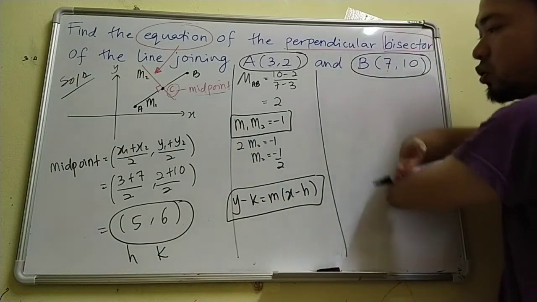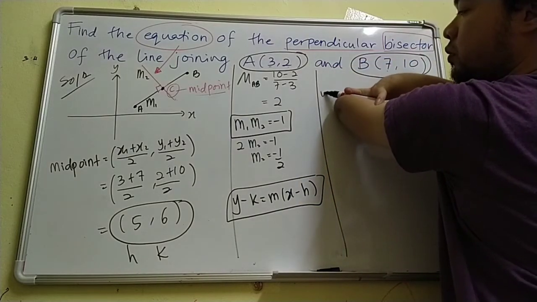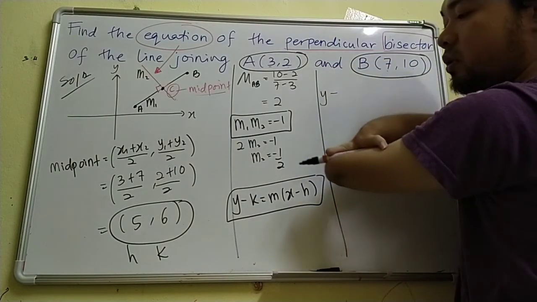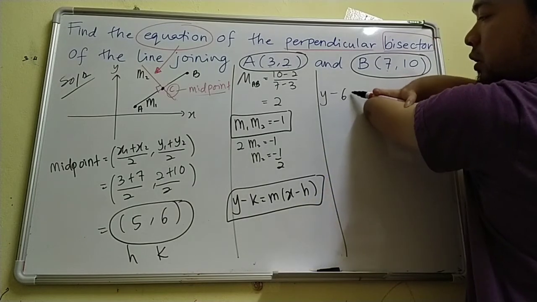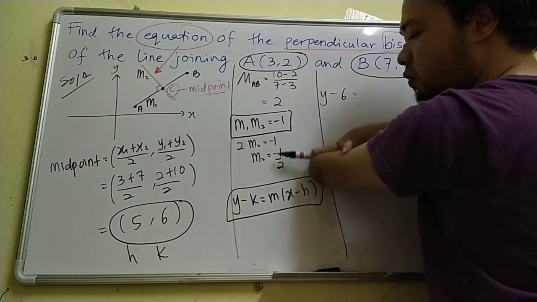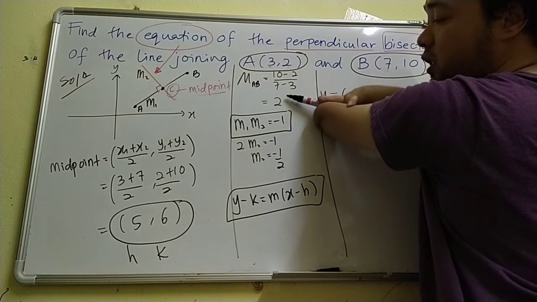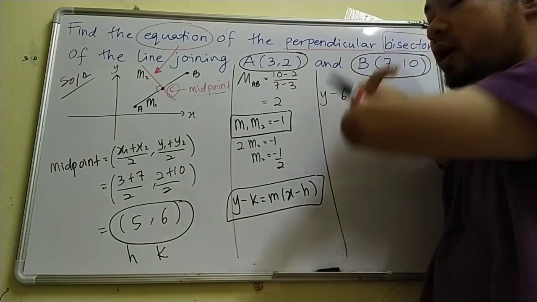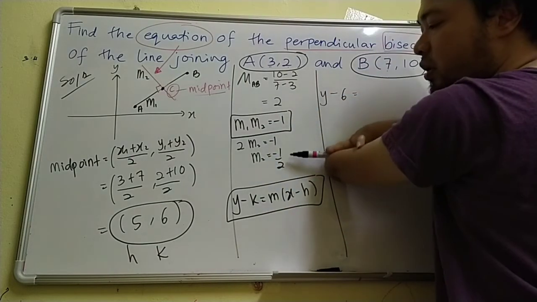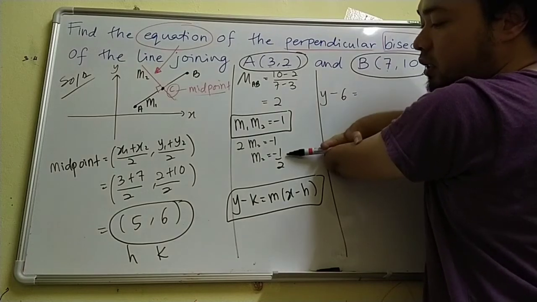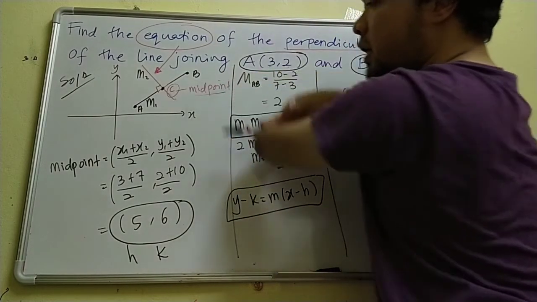When we substitute, it is going to be y minus 6 is equal to m. Are we going to use negative half or positive 2? Correct, we use negative half, because negative half is the gradient for the red line.